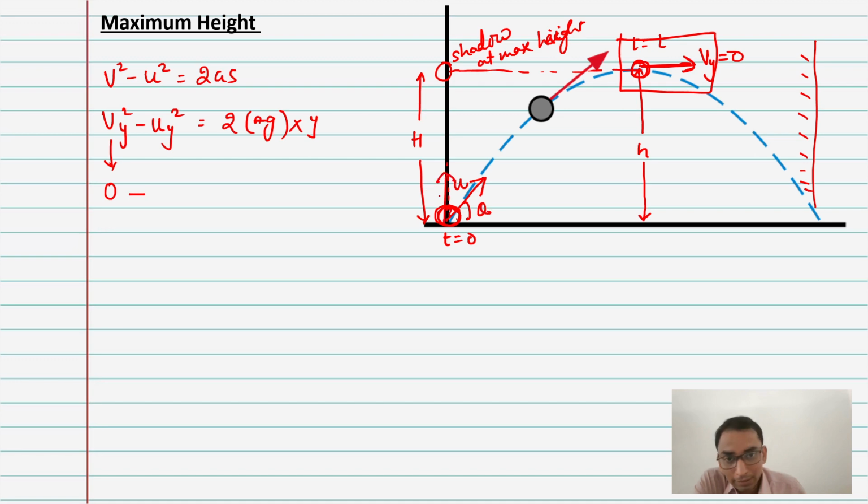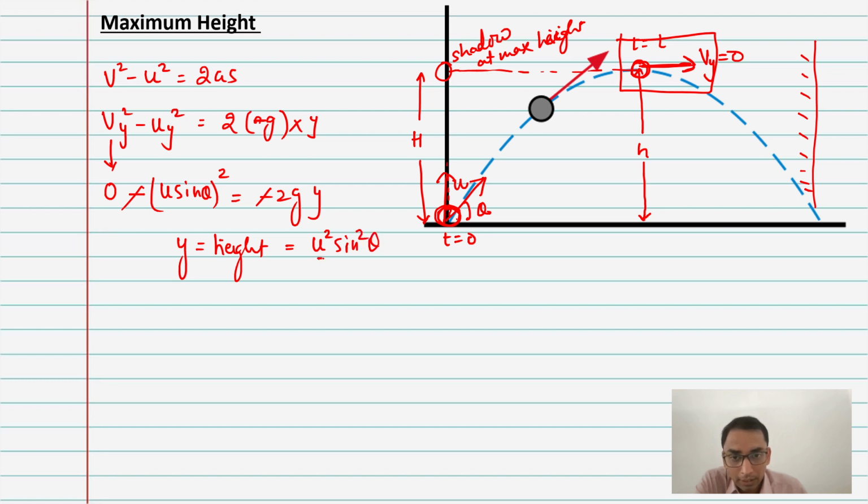So that is uy, that is u sine theta. We already know that u sine theta whole square is equal to minus 2gy, and the minus minus gets cancelled. So y, that is the equation of height, is equal to u square sine square theta upon 2g. So this is the equation of the height.